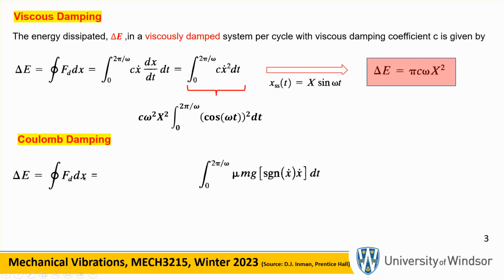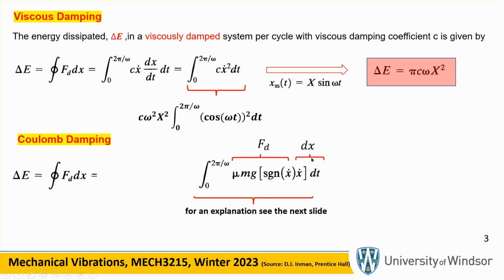This dx, I wrote it as x dot dt, the same trick that I used up here, and I will give you an explanation of why the answer will come out to be what I'm going to give you on the next slide. But for now, this is the force of the Coulomb damping, Coulomb friction, okay?